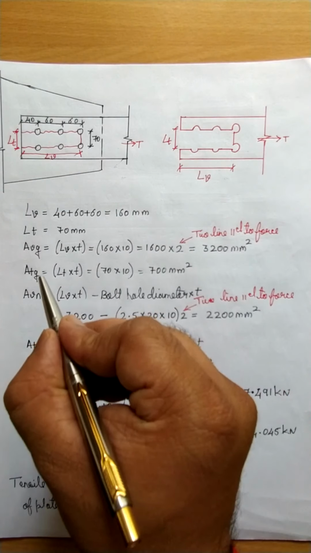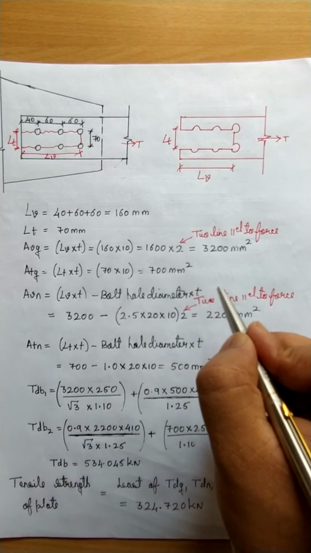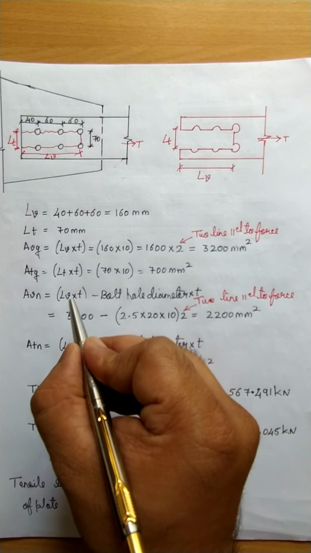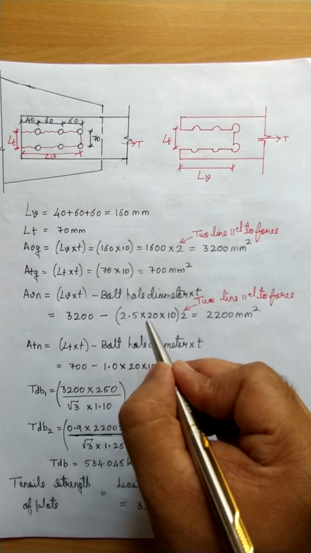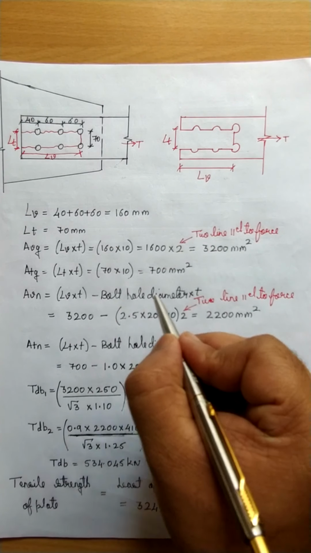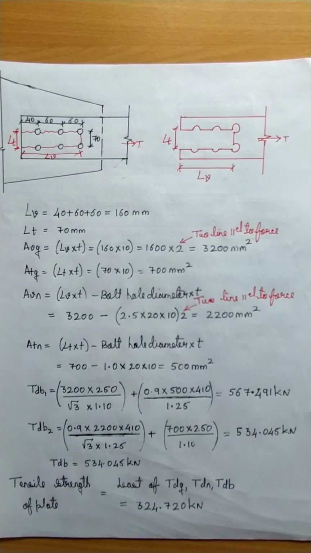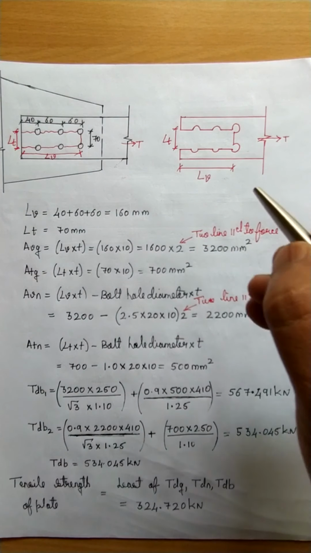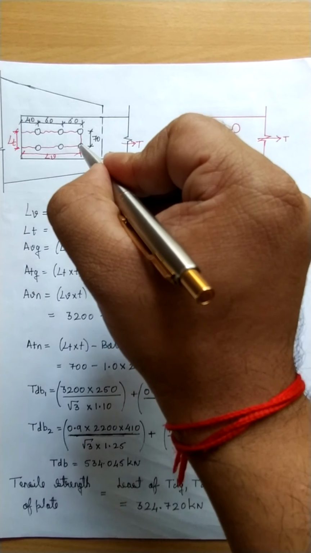So, it is nothing but LV into T minus bolt hole diameter into the thickness. So, already we have calculated LV into T, that is 3200 minus. Now, let us see, this is bolt hole diameter in that section. Now, in this section, how many bolts are coming into action. So, this is one bolt cut, this is second bolt cut, and this is third.